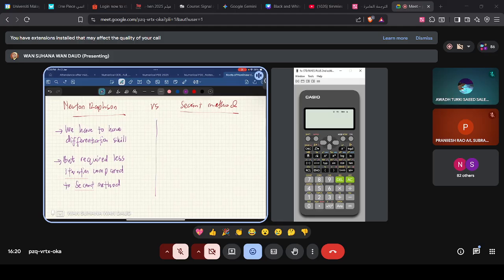For the second method, we don't have to do differentiation, but it requires more iteration to reach the solution compared to Newton-Raphson.